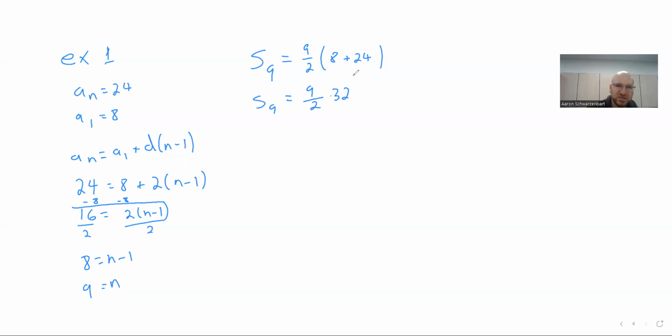In this case, I actually do like the idea of dividing 32 by 2. In the last case, I didn't, so I'm kind of going to pick which one's a whole number. So which one do I divide by 2? 144 seats in this corner section in the 9 rows.